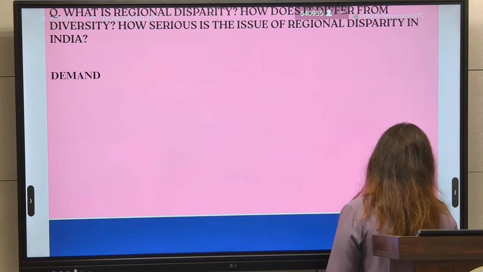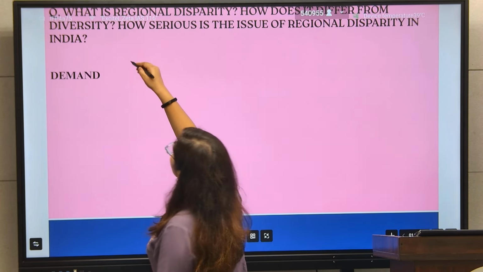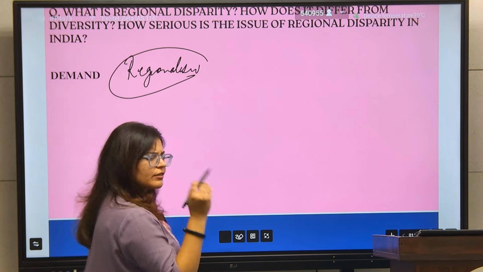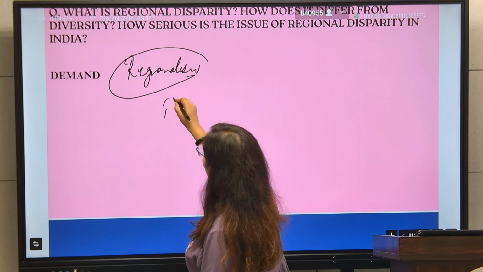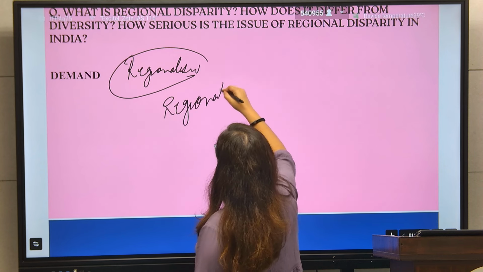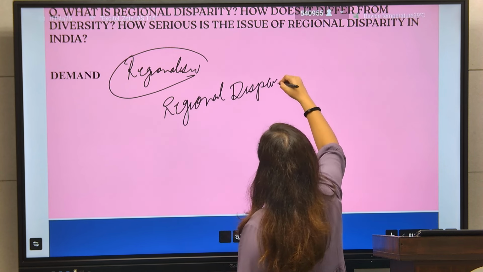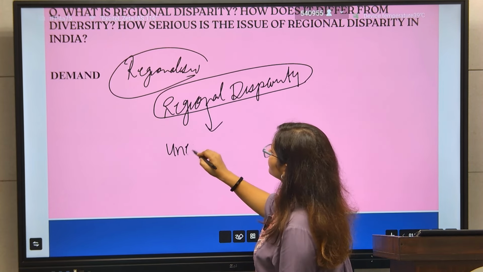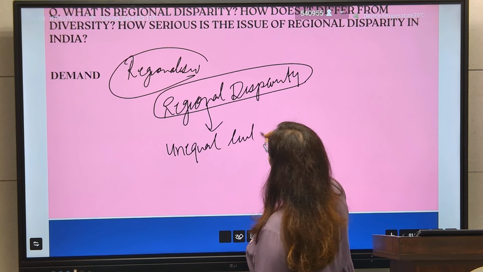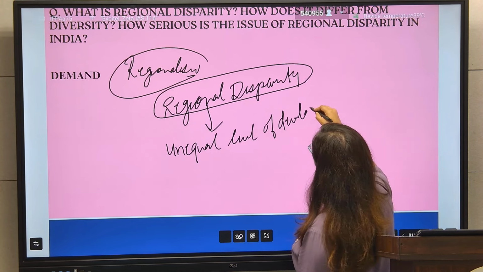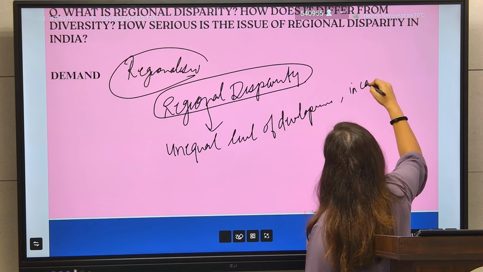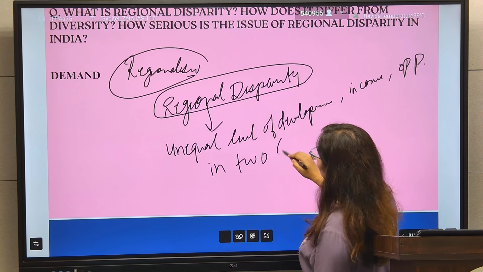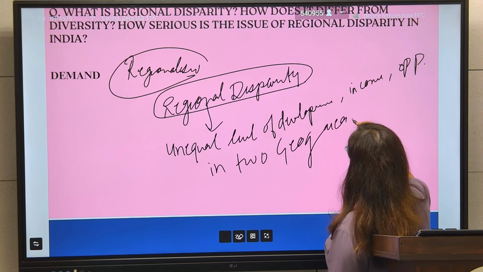Now, what is regional disparity? When we read about regionalism, the very first topic we'll read is regional disparity. So what is regional disparity? There is an unequal level of development, income, opportunities in two geographical areas within a country.